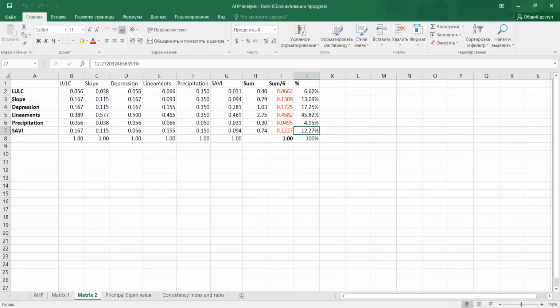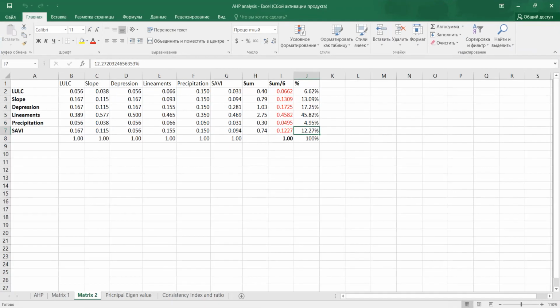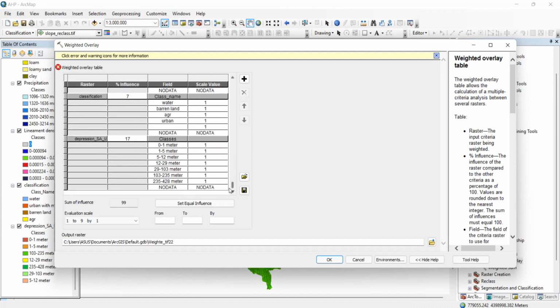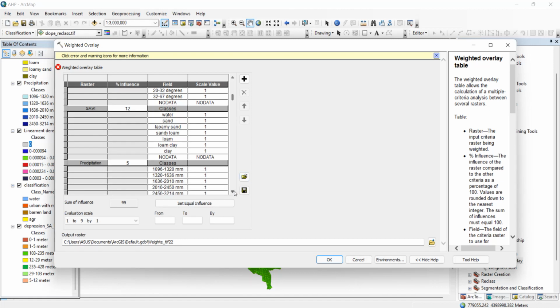But anyway, classification now, land use and land cover, I will assign 7%. Depression zones is 17%, right? So we still have 1% left. So I think that we should assign it.